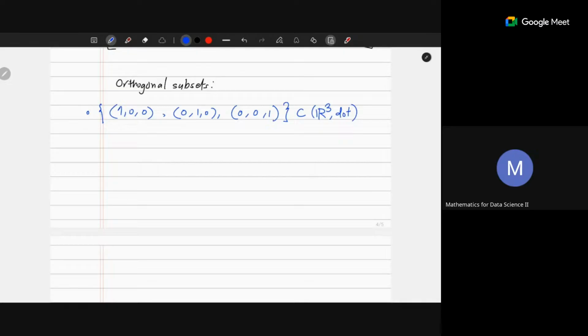Let's call them E1, E2, E3. E1 dot E2 is 0. E2 dot E3 is 0. E3 dot E1 is 0. So each vector is orthogonal to the other vectors. In other words, they are mutually orthogonal to each other.